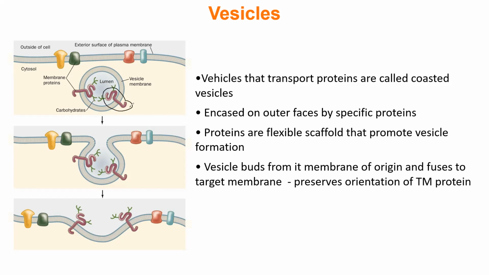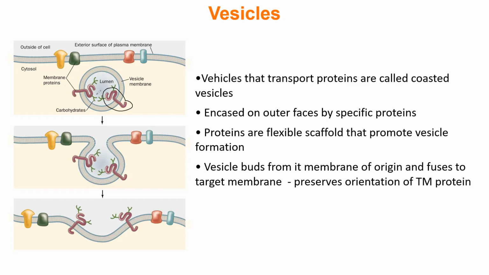this purple thing, that's our membrane protein that's going to be in the plasma membrane. These green things, these are carbohydrates. These are sugars that have been added to our membrane protein in the Golgi.